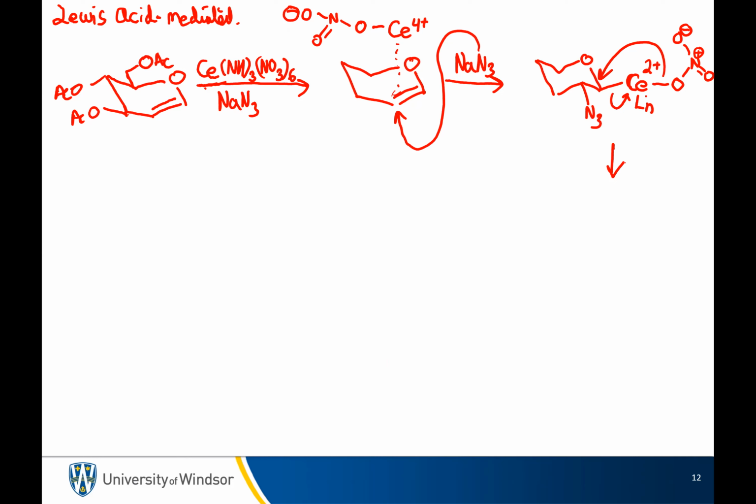So often we see insertion of atoms into bonds, and here we're seeing expulsion of the atom from the bond. So we're expelling the cerium. And we have a nitro group like that.